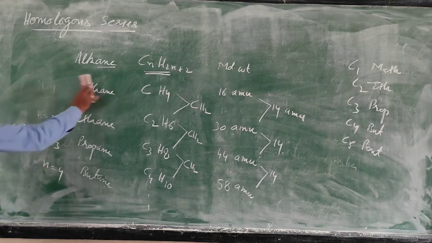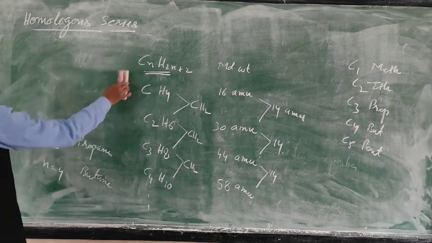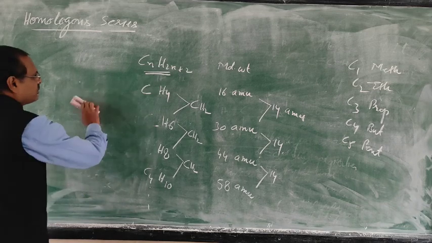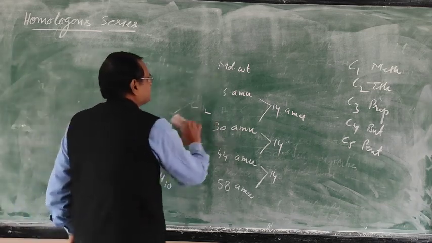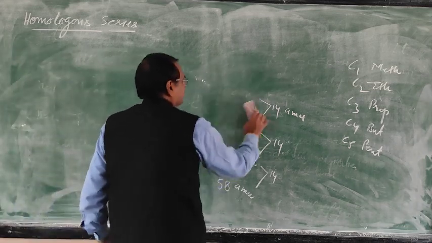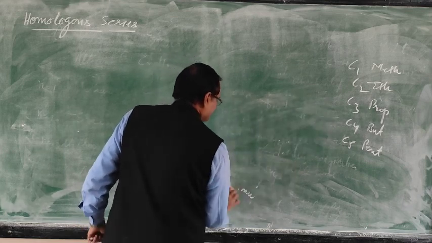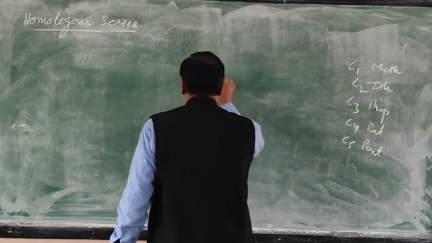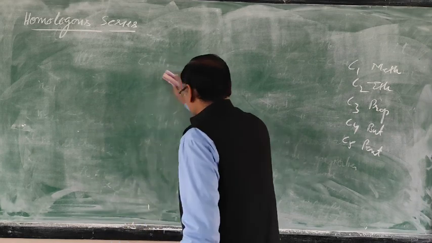Now we take the alkene homologous series. In the alkene homologous series, the general formula is CnH2n. So let us see the alkene homologous series.